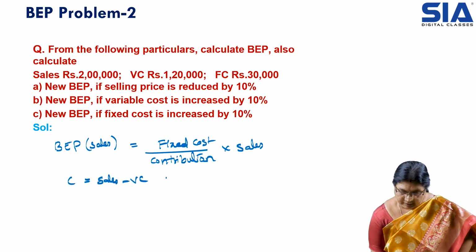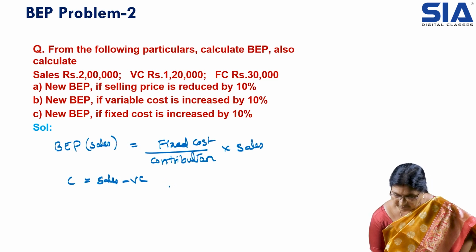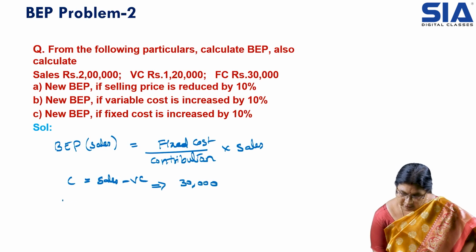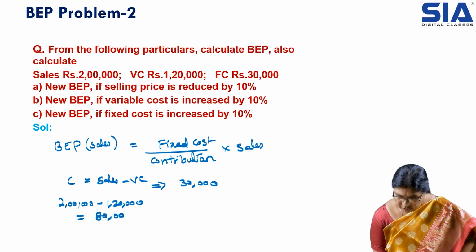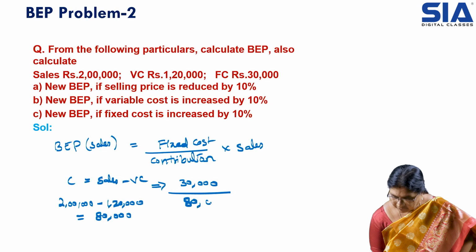Here, we already know contribution is equal to sales minus variable cost. From the given data, the fixed cost is 30,000. So contribution is equal to 2 lakhs minus variable cost 1,20,000, which is equal to 80,000. So contribution is 80,000, into sales of 2 lakhs.